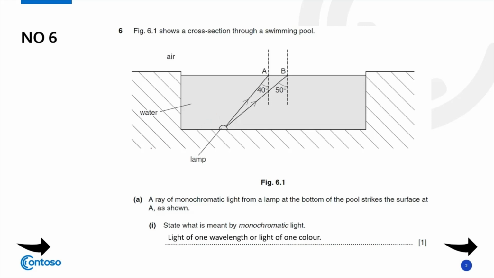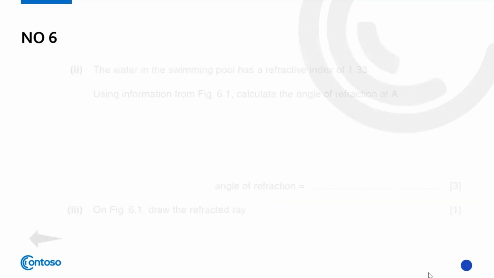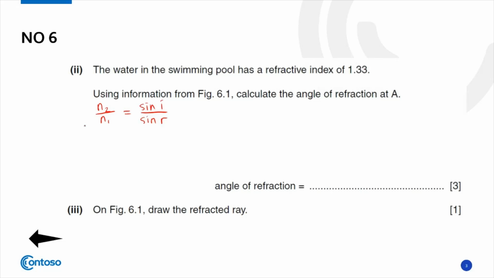Now let's put the values of the refractive indexes into the equation. We will have 1 over 1.33 equals to sine 40 degrees. Remember, the angle of incidence at A is 40 degrees over sine R. This is the refractive index of air.